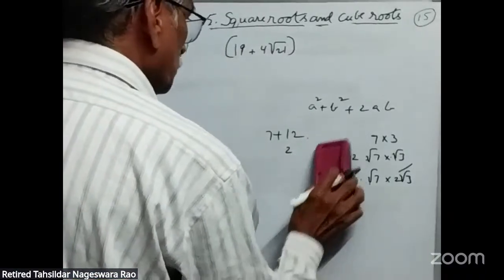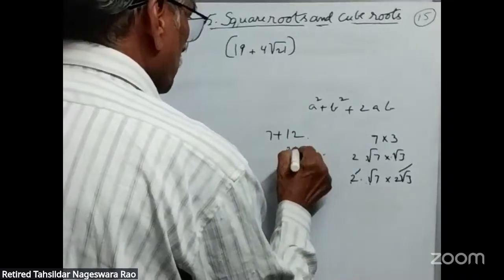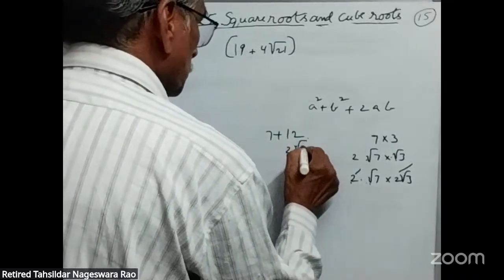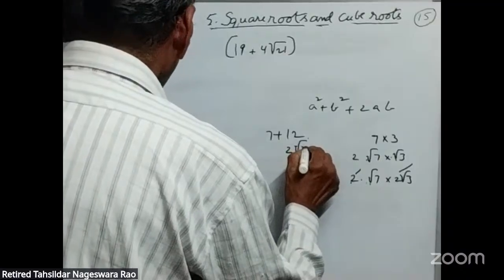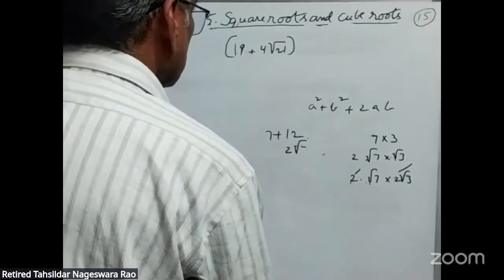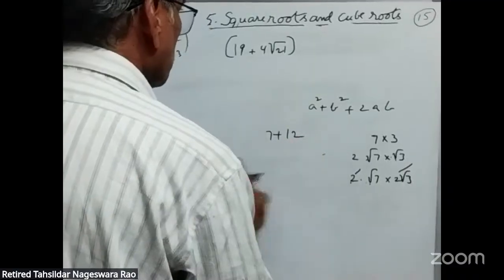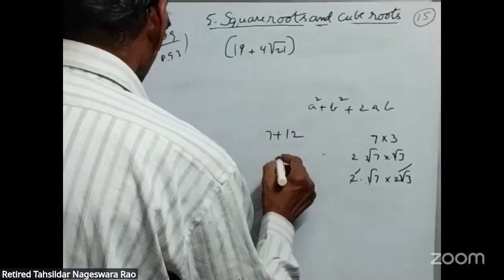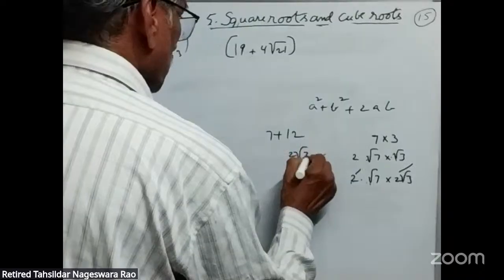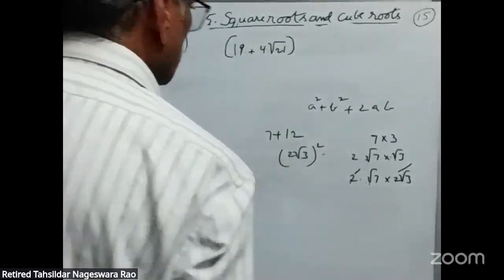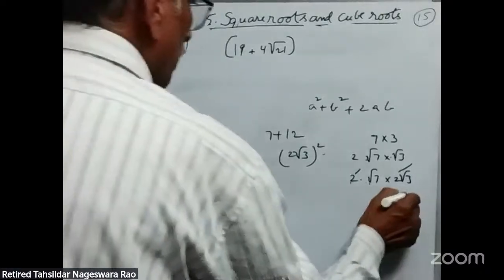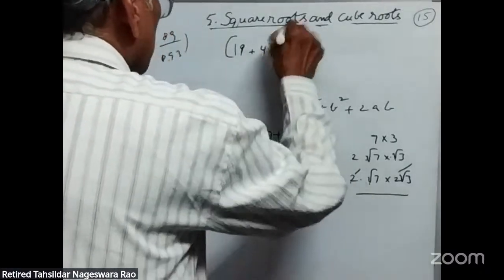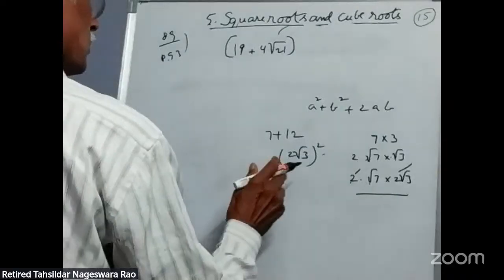2ab, 2 into root 7, 2 root 3. 2 root 3 square will be 12. This will be this term. This will be b square.